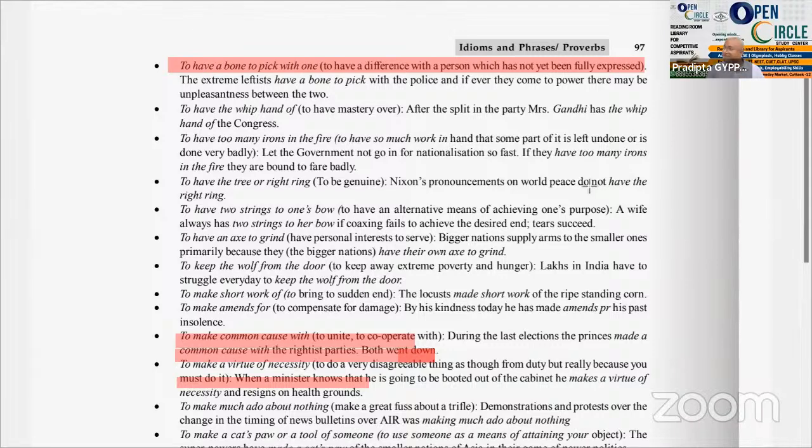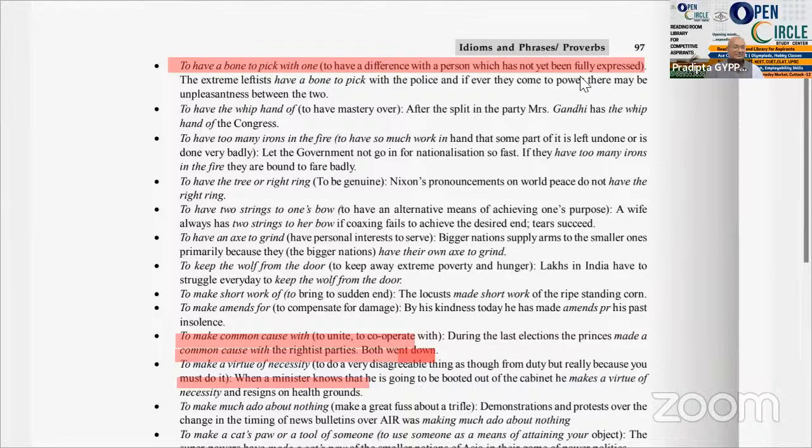I always find in the class, Avinav has a bone to pick with Avantika. Means Avinav is always ready to pick a quarrel with Avantika. Don't take it personally. In this way, they always have a bone to pick, so they are ready to quarrel.